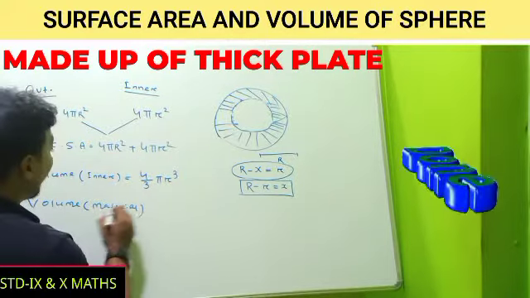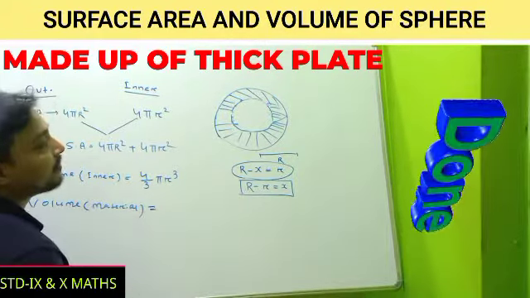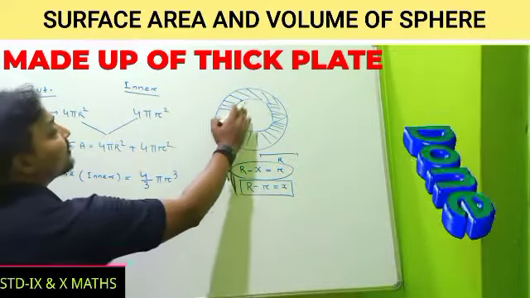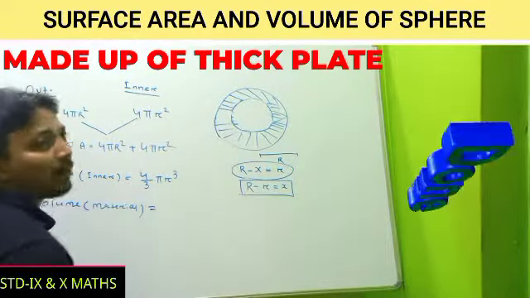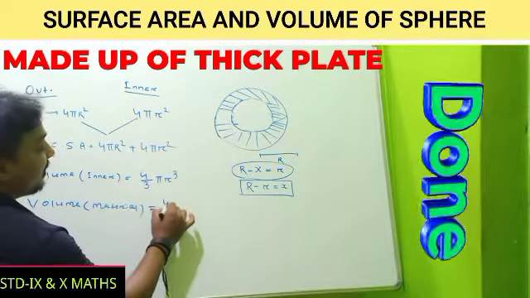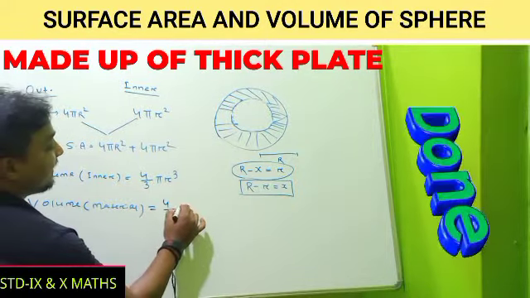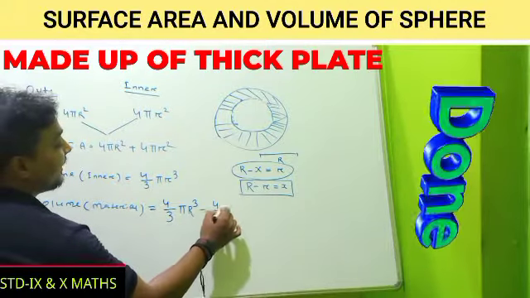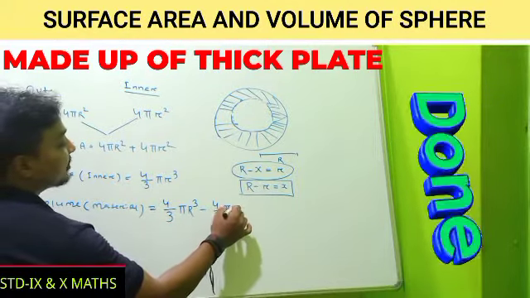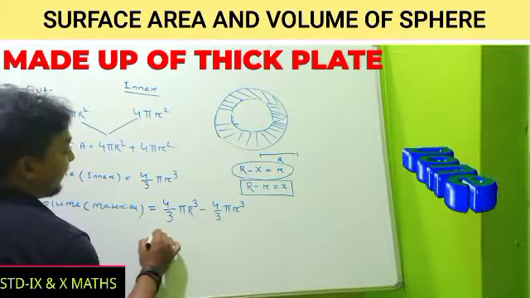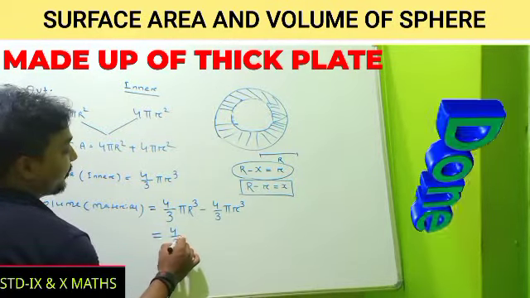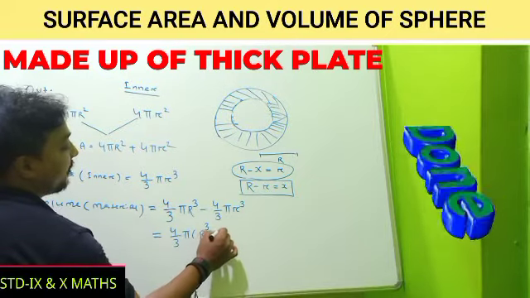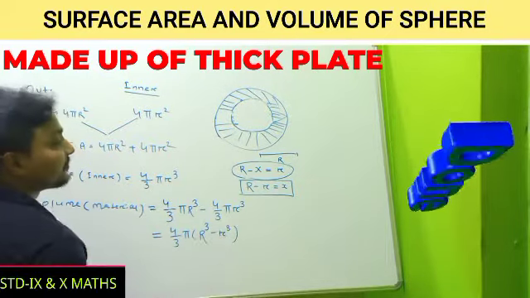So the volume of the material can always be obtained by subtracting the volume of the inner sphere from the volume of the outer sphere. The volume of the outer sphere is 4 by 3 pi capital R cube, and the volume of the inner is 4 by 3 pi small r cube. Better, you can write it as 4 by 3 pi within the bracket, R cube minus r cube.